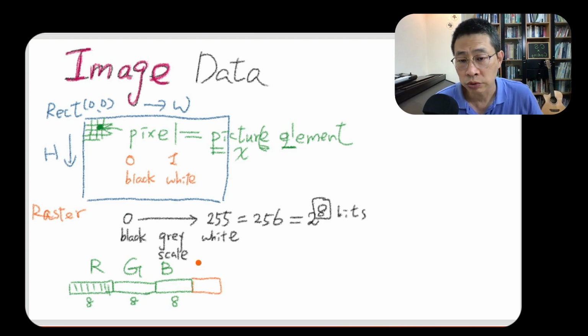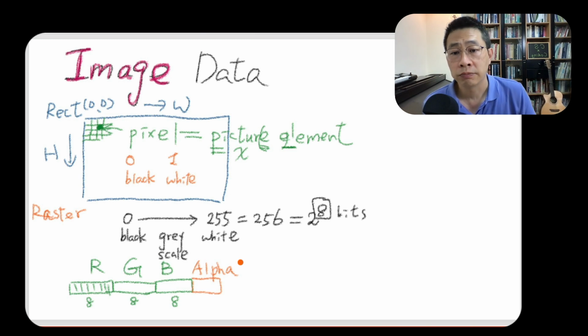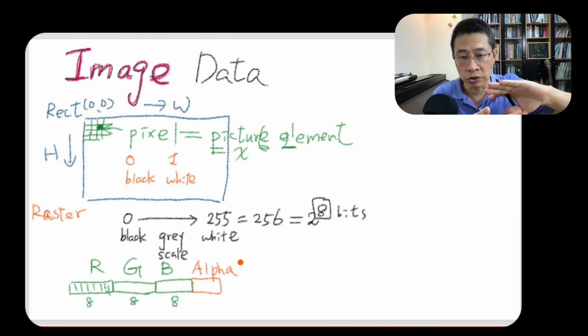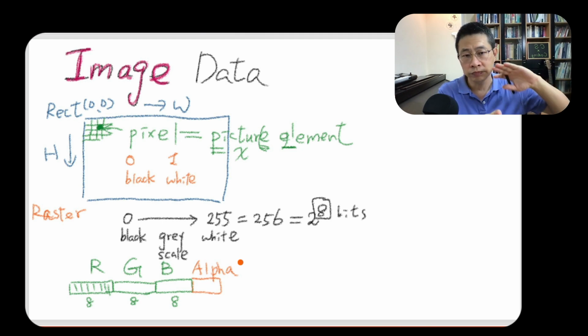What I want to say is, in modern computers, sometimes we want to create a special effect. For example, you may want one image layer on top of the other, but not completely cover it.